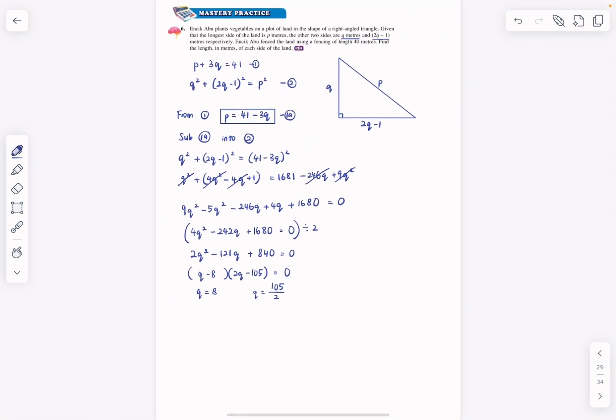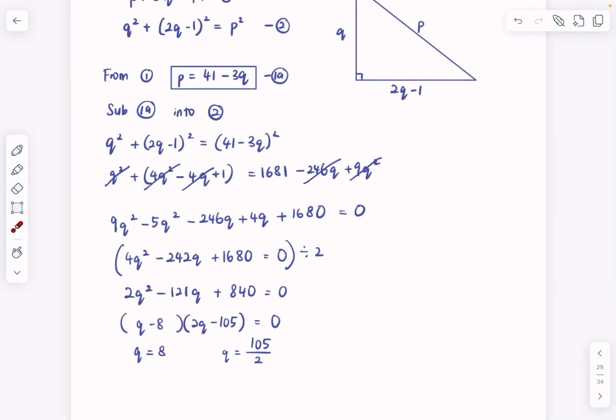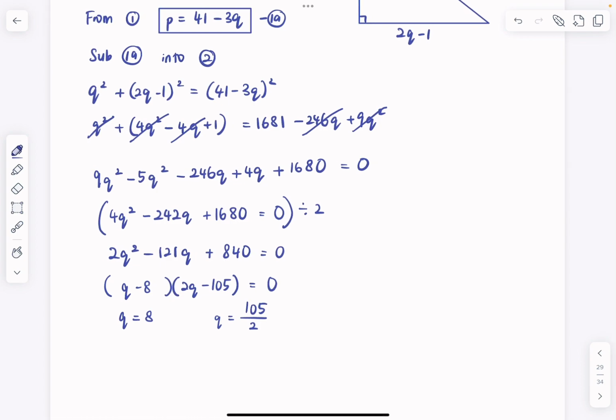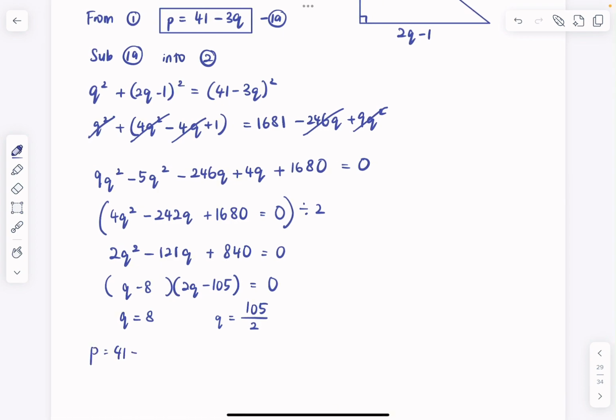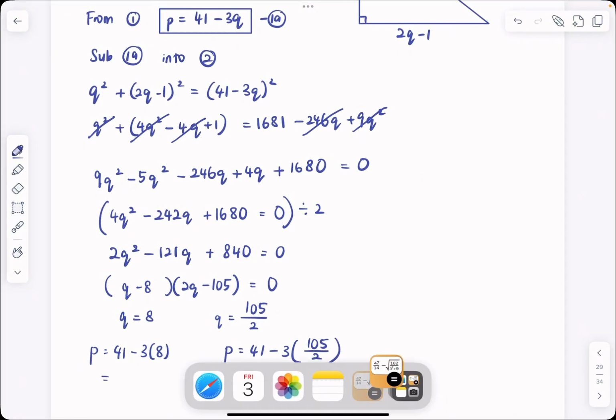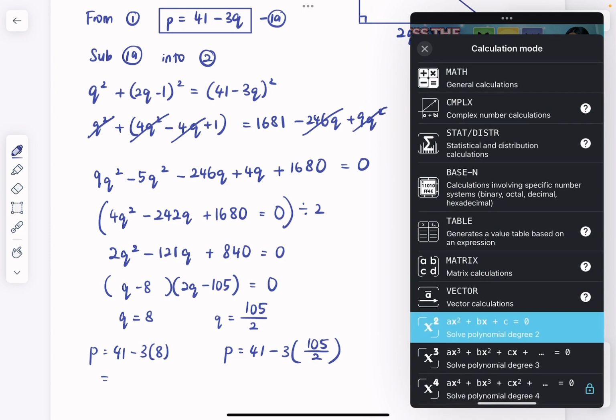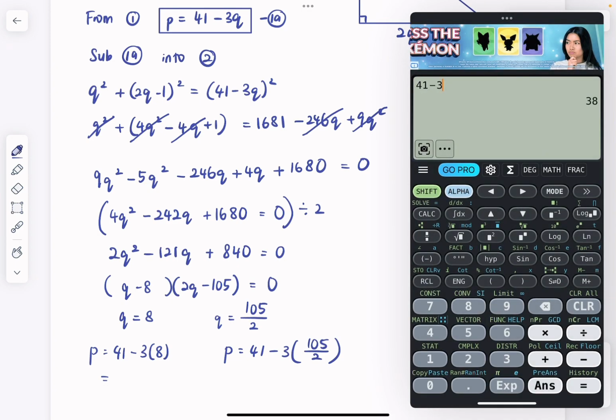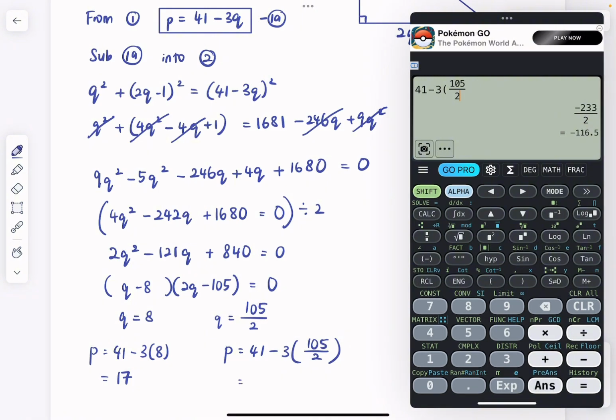Now we need to find the value of p. So we just sub it into here. 41 minus 3q. So p will be 41 minus 3 times 8, that's 17. 41 minus 3 times, ooh, this one is negative.